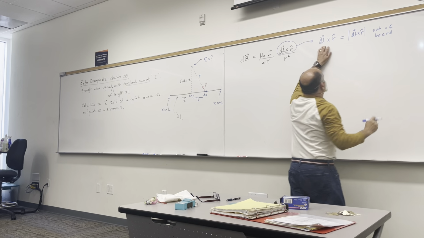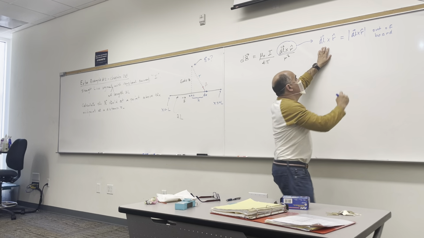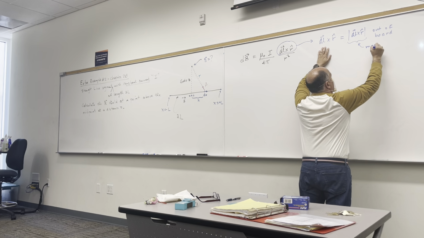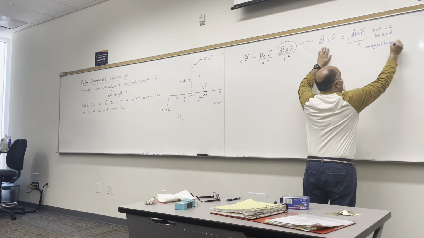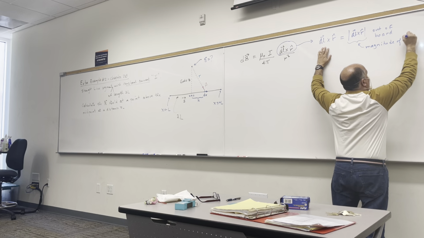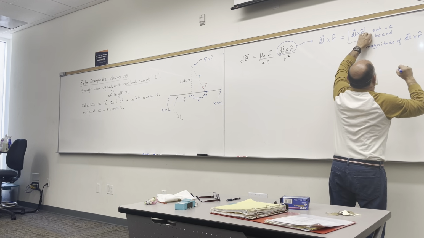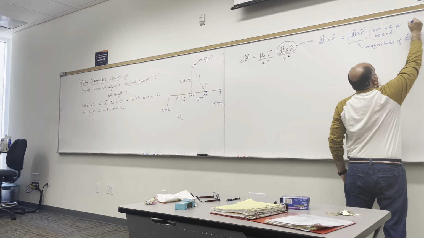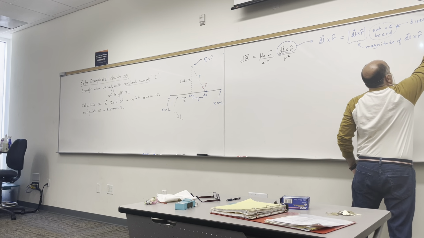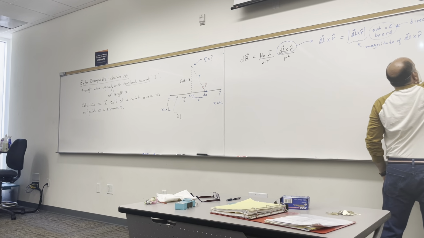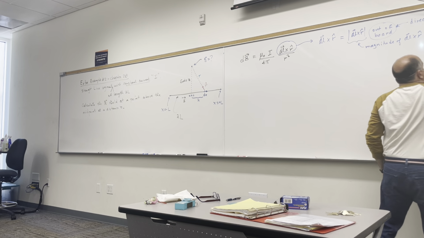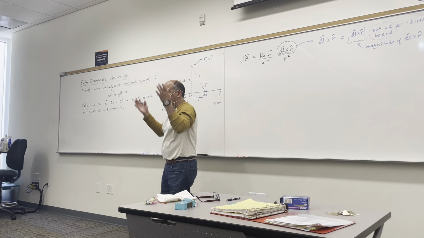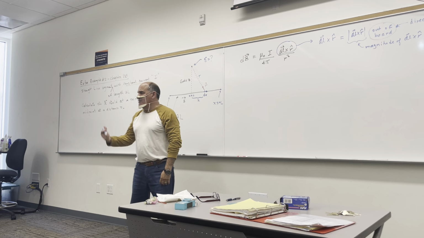Right? A vector has magnitude and direction. The magnitude is the magnitude of dl cross r hat, and the direction is out of the board.